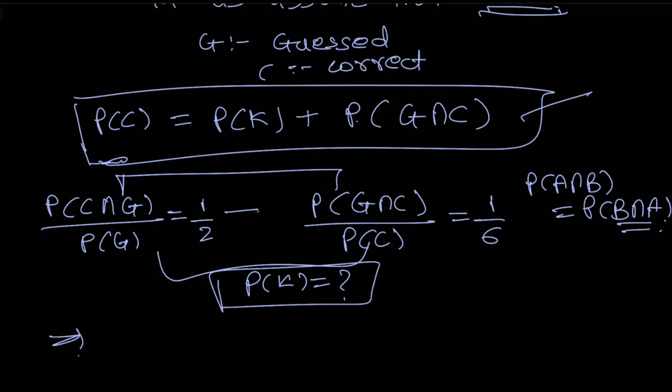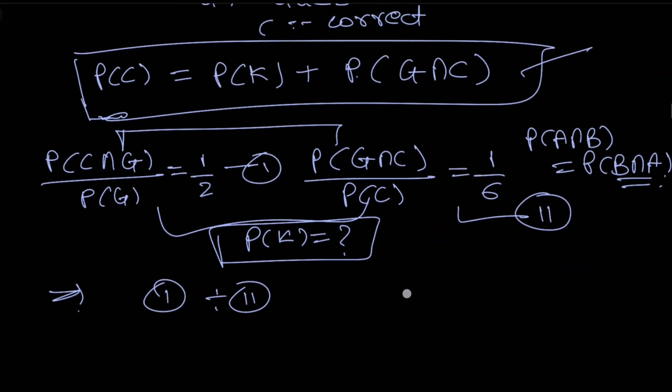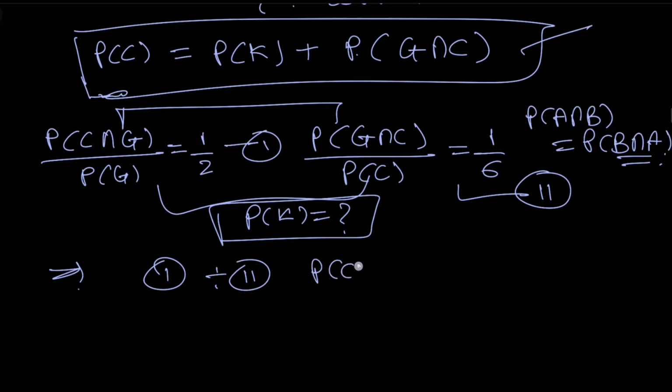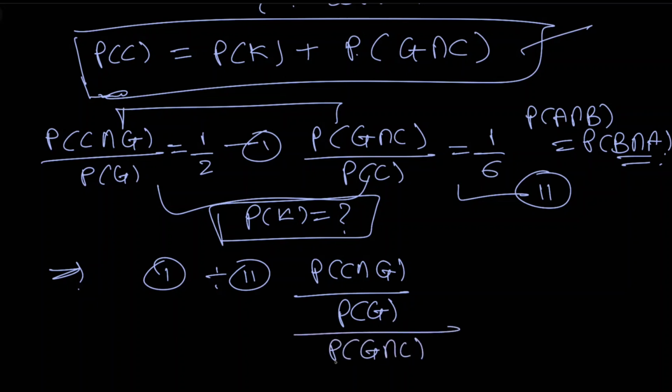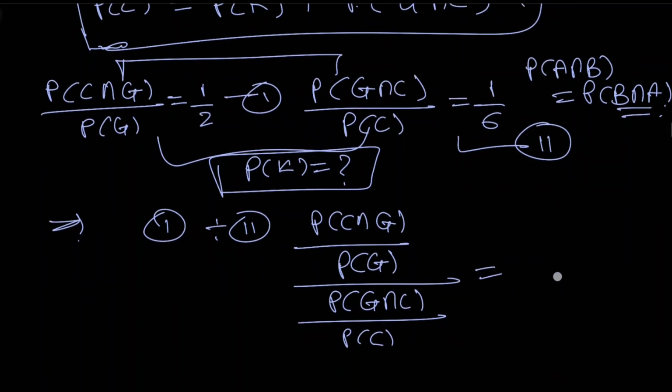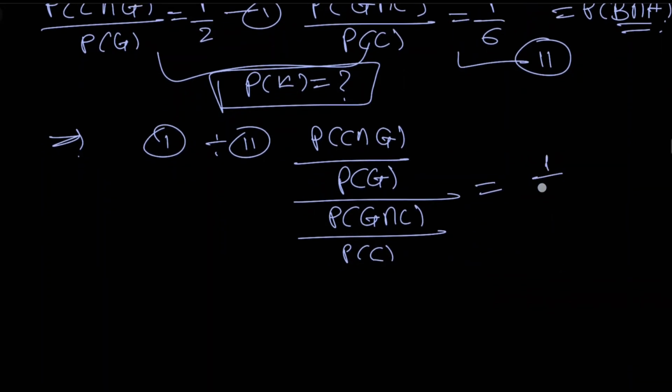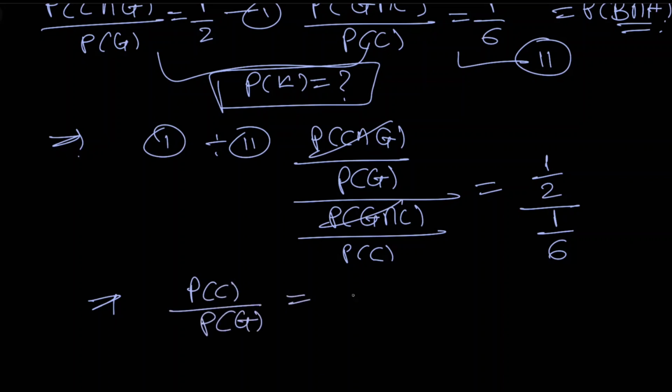So this equation we should name first, this equation we should name second. First divided by second we get P C intersection G upon PG upon PG intersection C upon PC equals 1 upon 2 upon 1 upon 6, which implies that this PC upon PG equals 3.